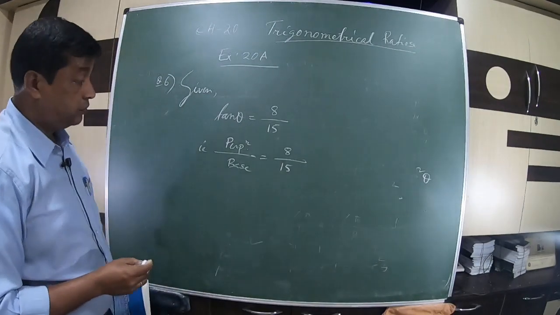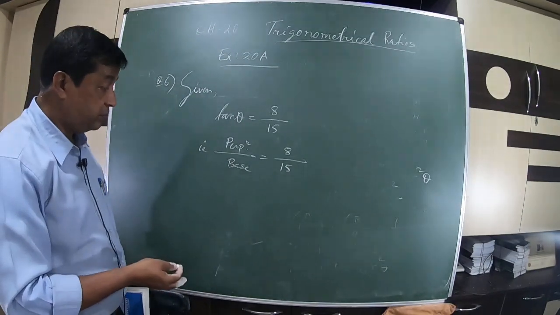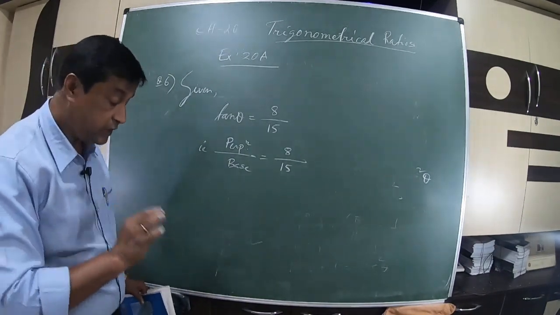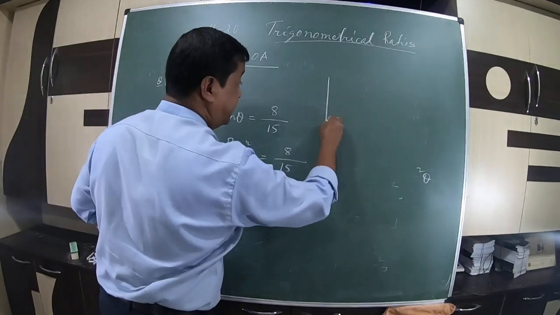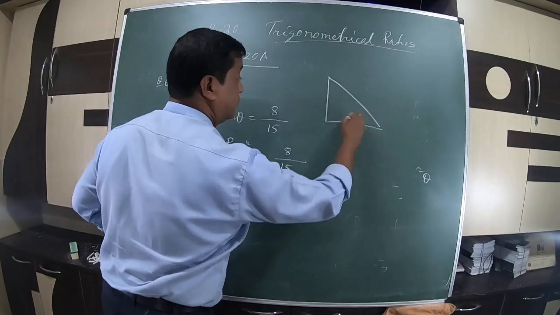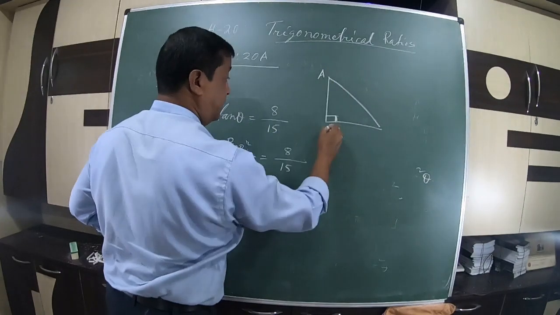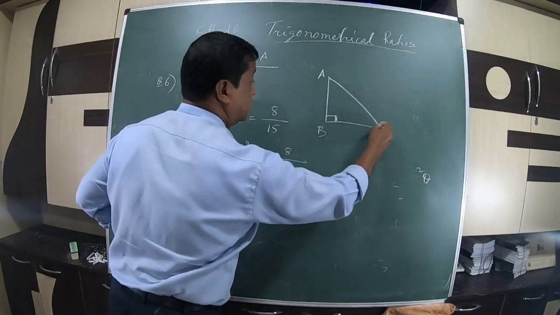Now you can draw the diagram to find the other ratios, or you can do it without drawing also, but it is better to draw the diagram. So now if I take the right angle triangle, that is ABC, say this angle is theta.